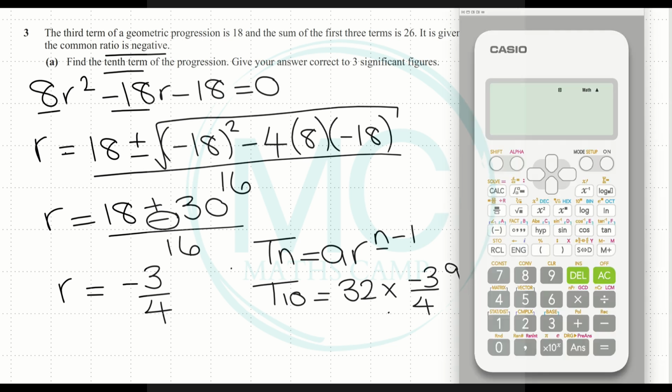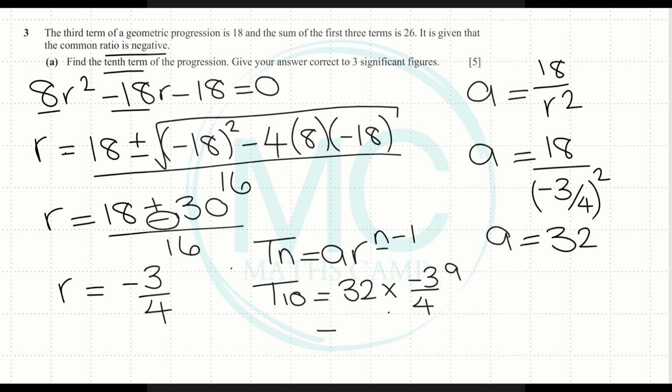Take your calculator, 32 multiplied by, open a bracket, negative 3 over 4 with an exponent of 9 is equal to, the question asks us to give our answer to 3 significant figures. So we can see the 10th term is equal to negative 2.40.